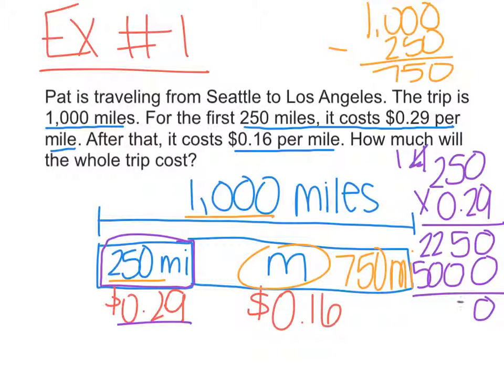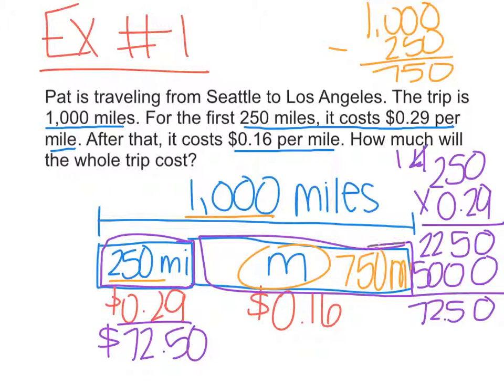And we add that up, put in our decimal. So the first part of the trip was $72.50.